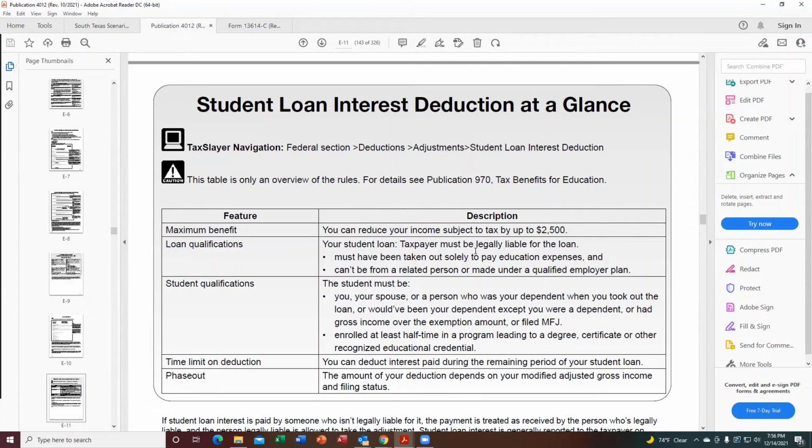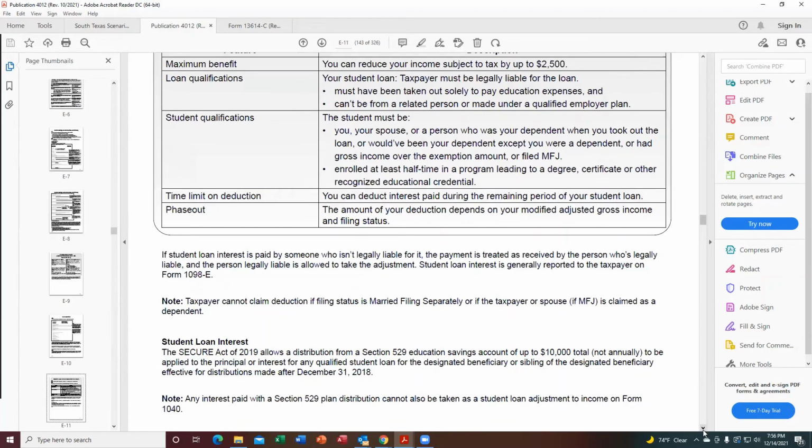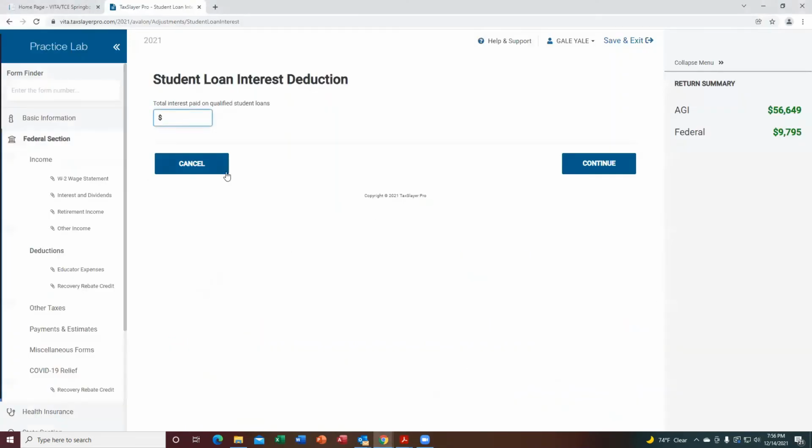And again, this is just the student loan interest. And the client should have the form, the 1098-E. If they don't have it, most of these accounts can be accessed on the phone or on the computer, and they can look up the information. So the student loan interest is $675. I'm sorry. Oops, $800. Wrong amount.